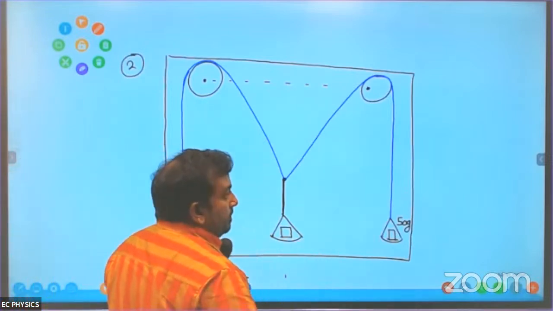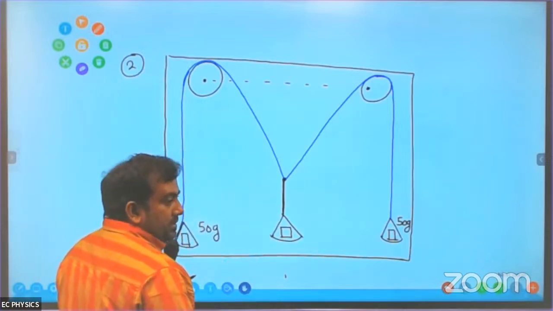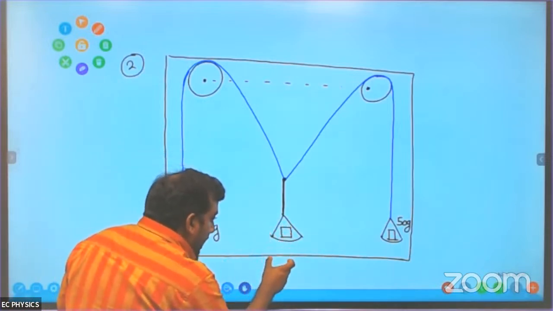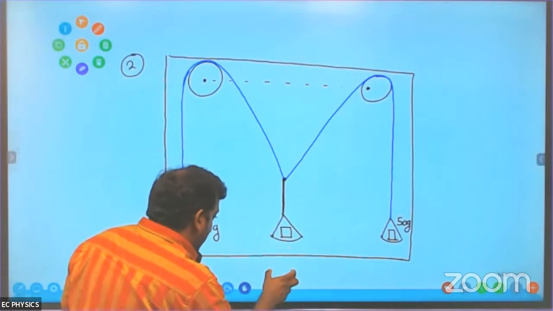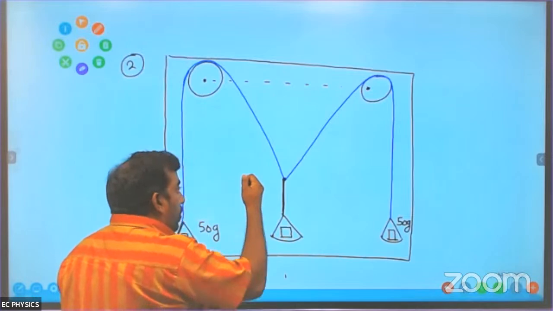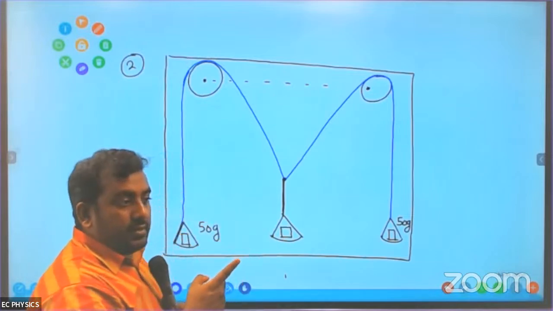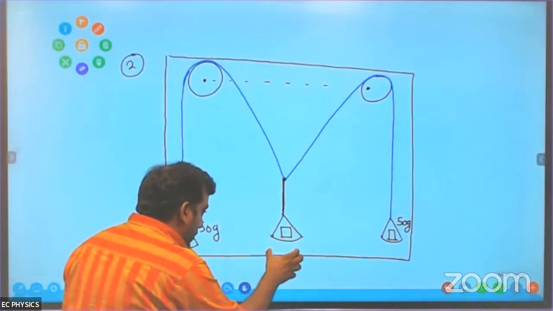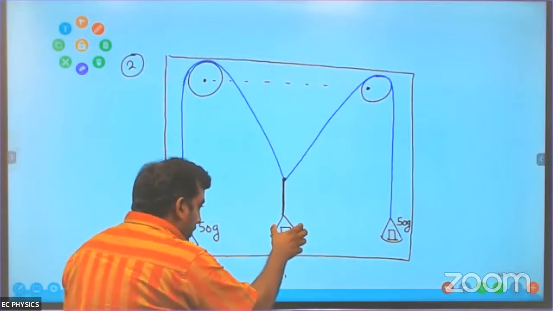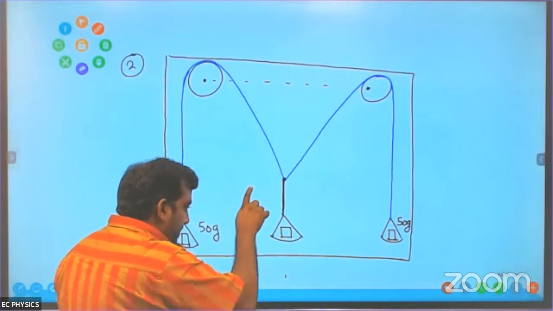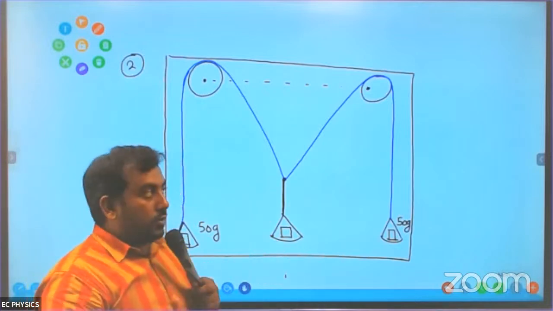To check if there is friction in the pulleys, you pull the center weight down and release it. If it goes back again to the original position, that means no friction. If it doesn't go there, that means there is friction. Okay now? Right.